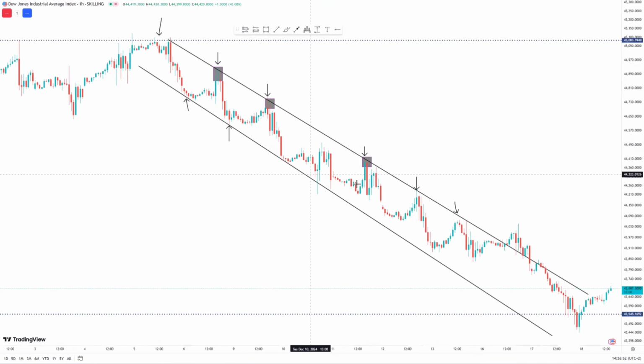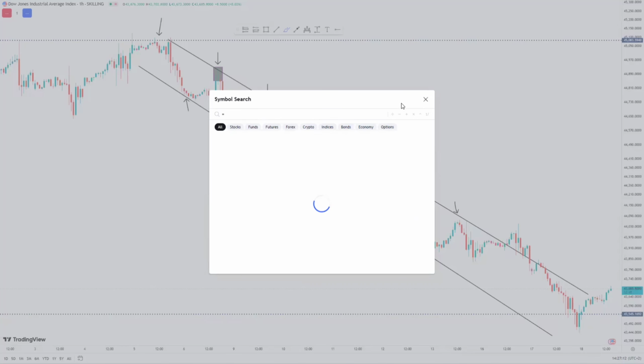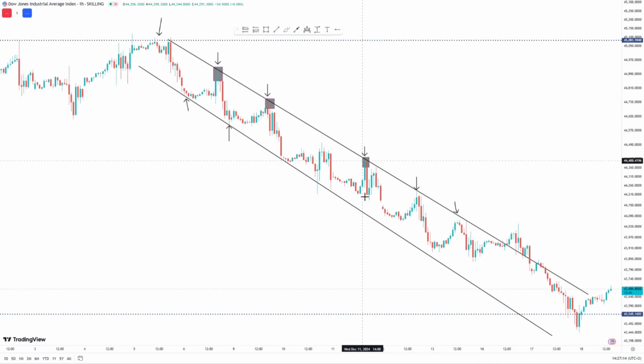From violating our low, price again pushed to the upside, creating our high. From price creating this high, you can clearly see that price continued with a push to the downside, violating our lows, creating a new low.